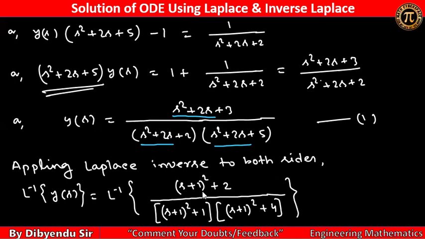So here you can see the term s is replaced by s plus 1, and this is possible when e to the power minus t is multiplied. Yes or no? If e to the power minus t is multiplied, s is replaced by s plus 1.